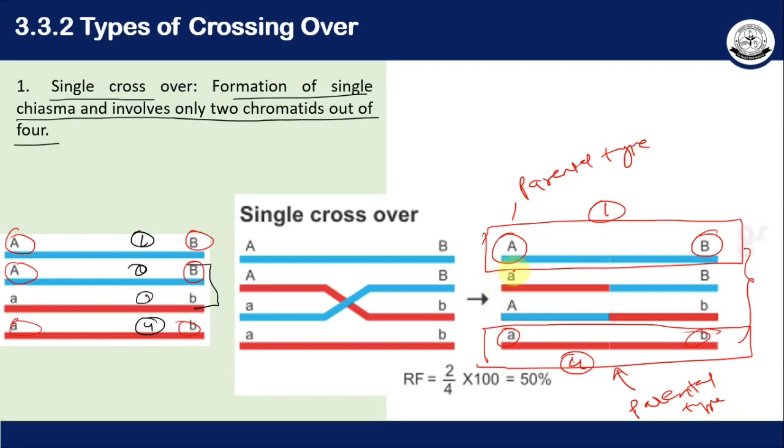And how about number 2 and number 3? In 2 and 3 there is small a caps b, and it is not there in the parental type. Likewise, caps a small b is not there in the parental type. So out of 4 combinations, 2 underwent recombination. So the frequency of recombinants is 2/4, which is 50%.